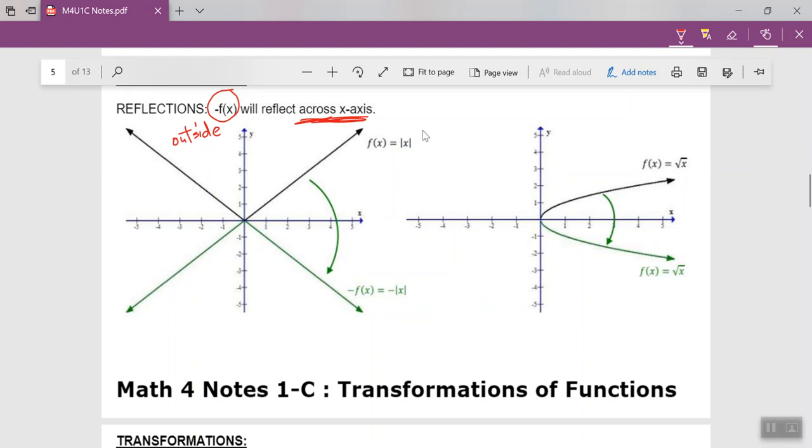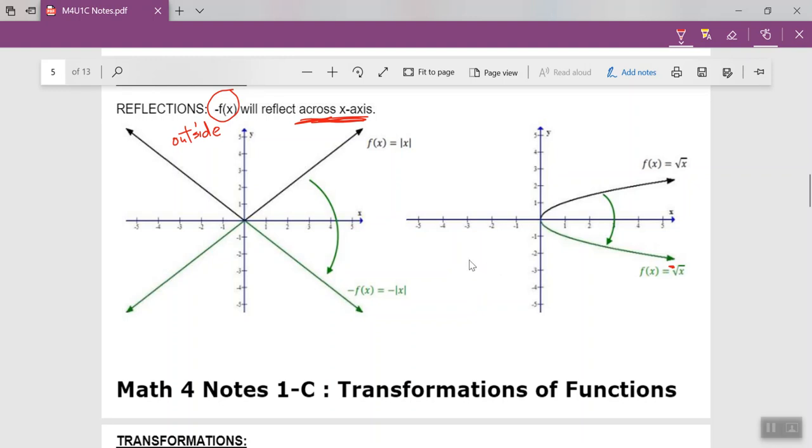For instance, absolute value of x goes up, but negative absolute value of x, the negative is out in front, outside of the bars, so it's going to flip over the x-axis. The square root function will do the same thing. If I stick a negative out in front, that will allow it to flip down there.